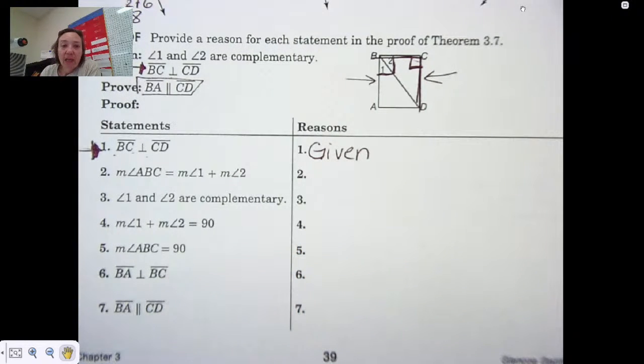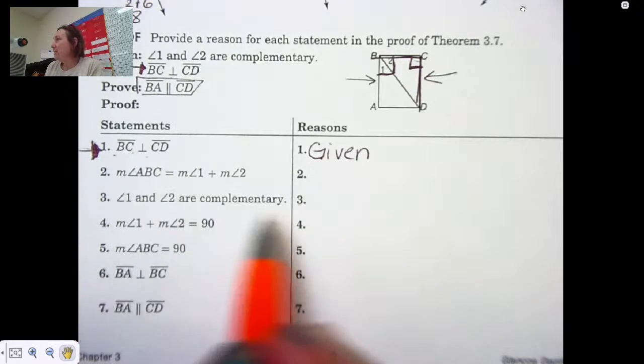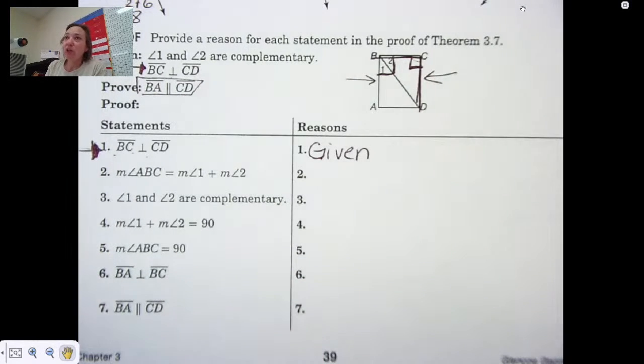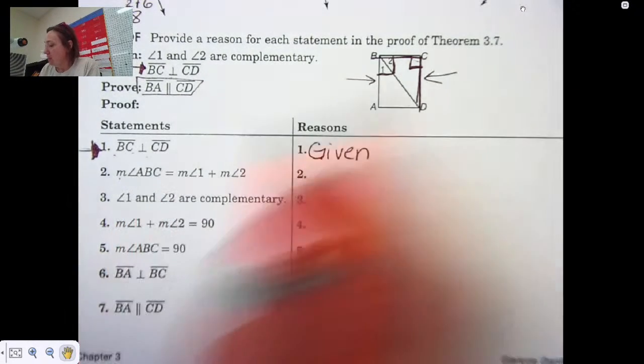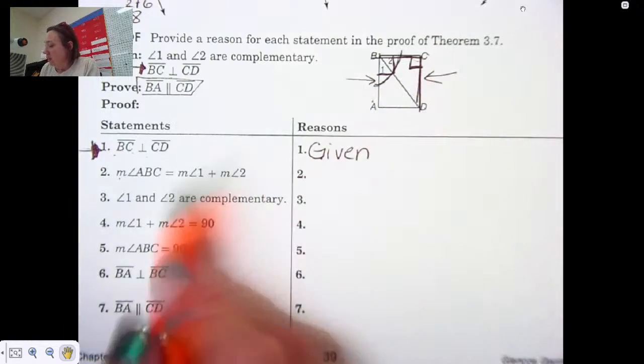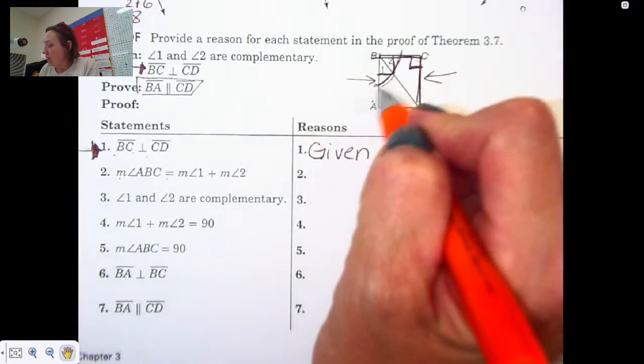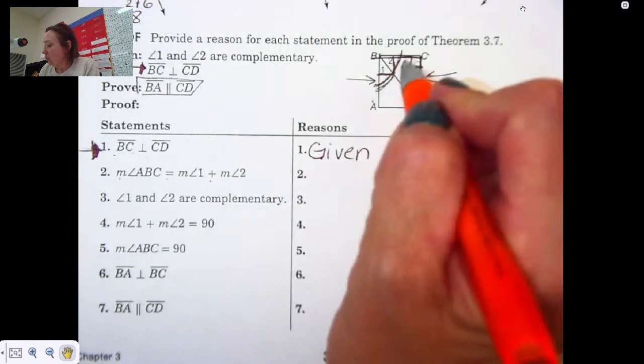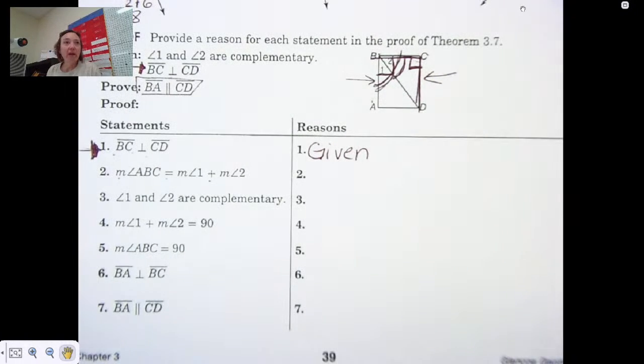Now, the next one is kind of common sense, but we do have a geometric postulate that says it. The measure of angle ABC, that's this angle right here, equals the measure of angle 1, this little angle, plus the measure of angle 2, this little angle. Well, duh, right? If you have two little angles and you add them together, they make the big angle.